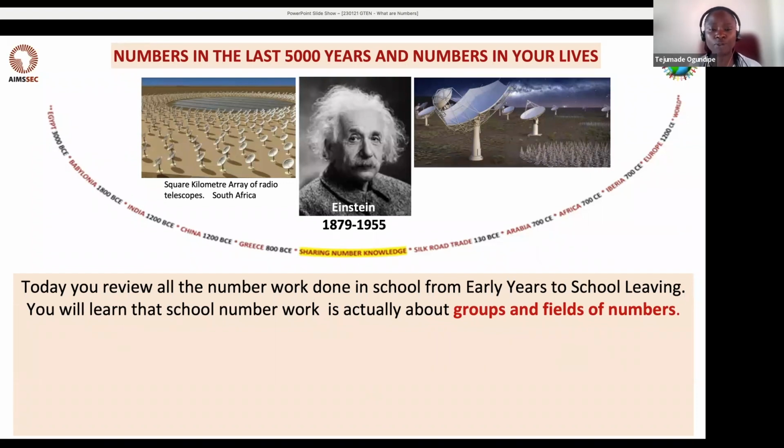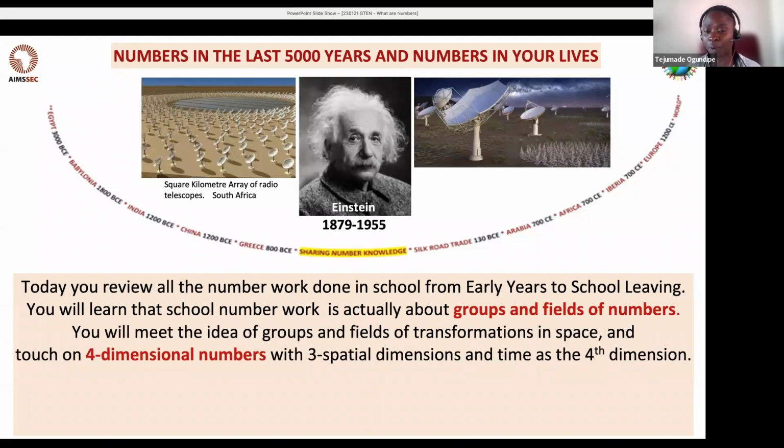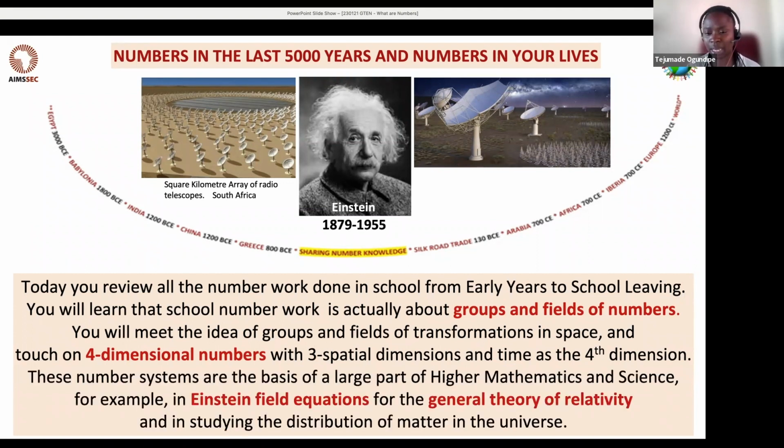So today, to review all the number work done in school from early years to school leaving, you will learn that school number work is actually about groups or fields of numbers. We want to understand transformation in space, and four-dimensional numbers with three spiral dimensions and time as the fourth dimension.